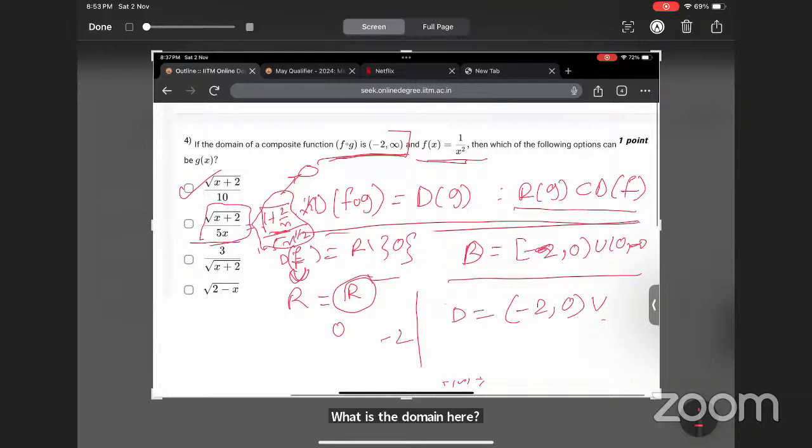Tell me. The domain will be all R excluding -2.